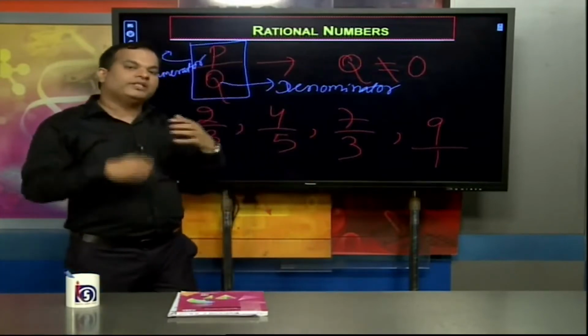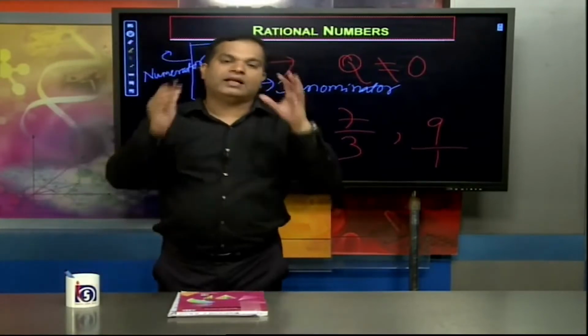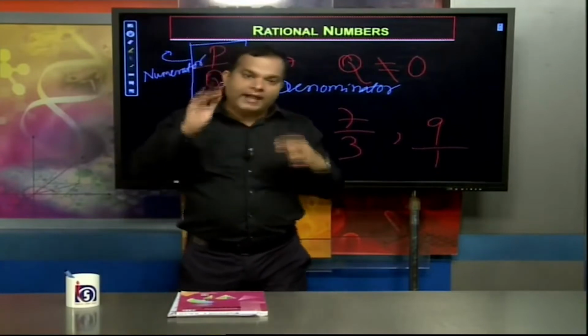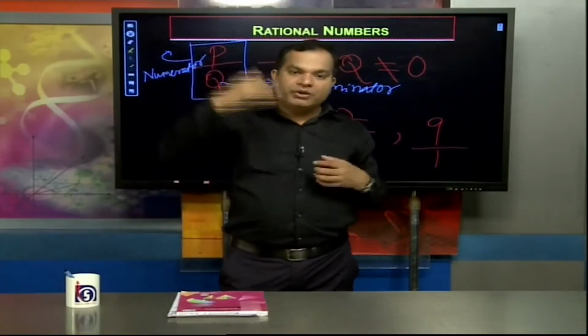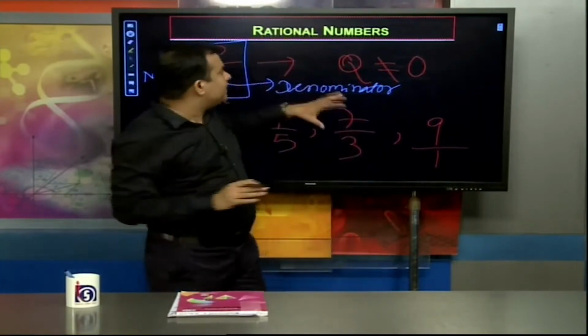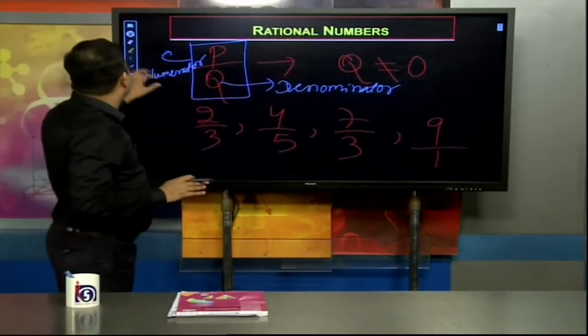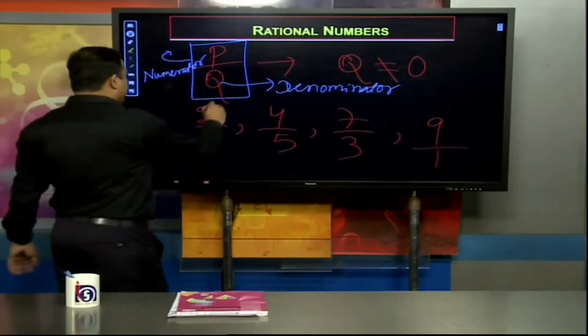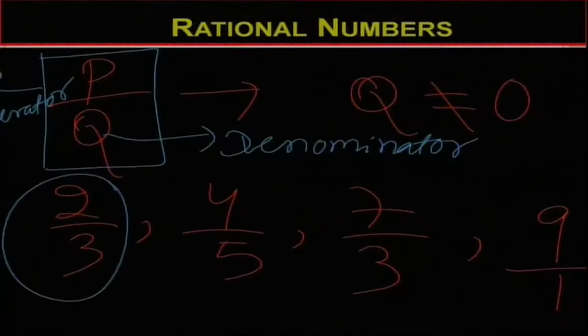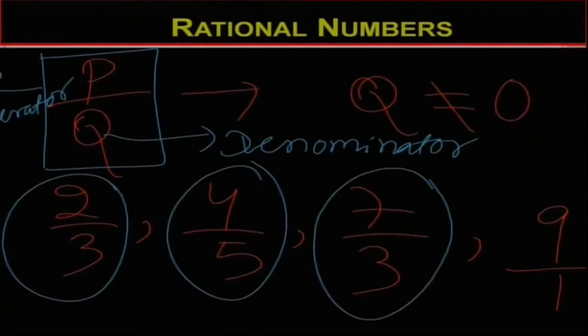So a number in the form of P by Q with Q not equal to 0, where P is the numerator and Q is the denominator, is the standard form of the rational number. For example, 2 by 3, 4 by 5, and 7 by 3 are rational numbers.